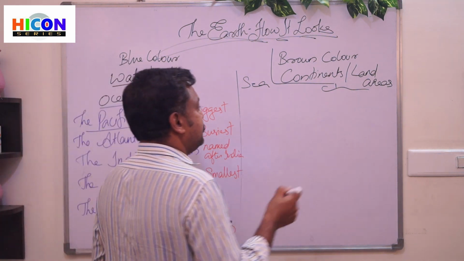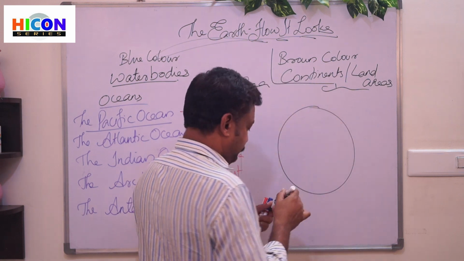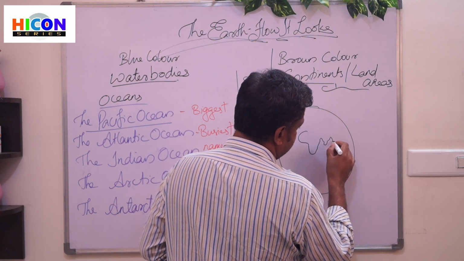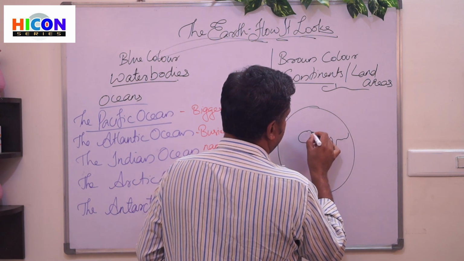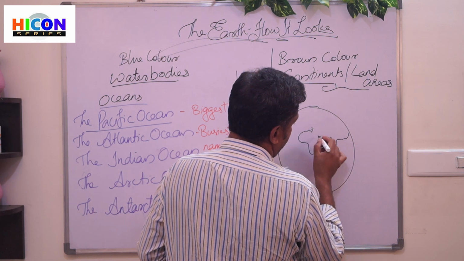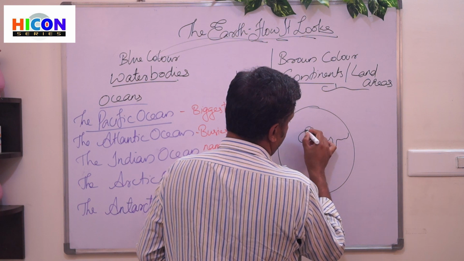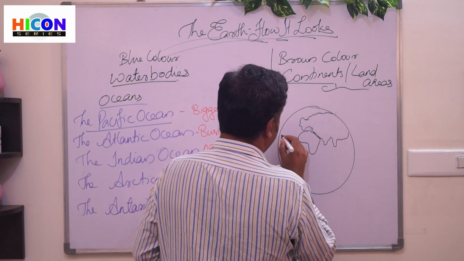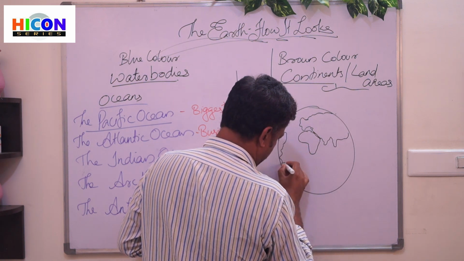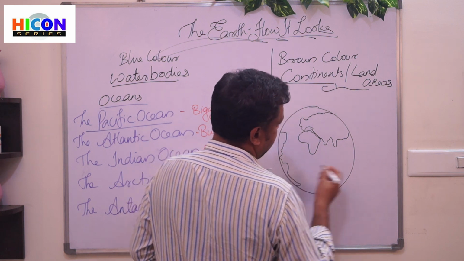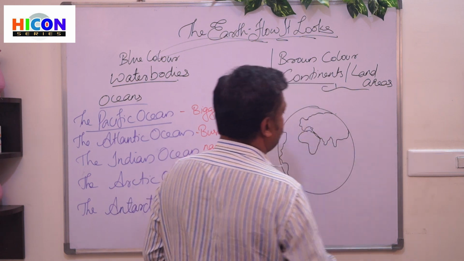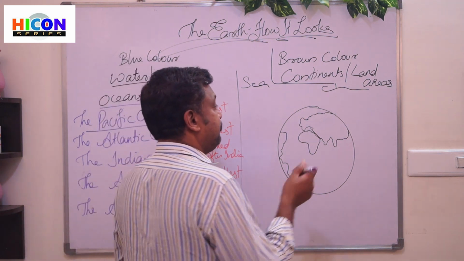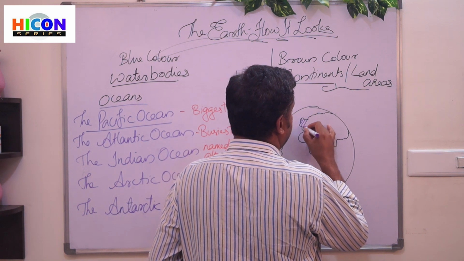So imagine we have a globe here, and in that we have the continents also. So let us think this shaded part is land.